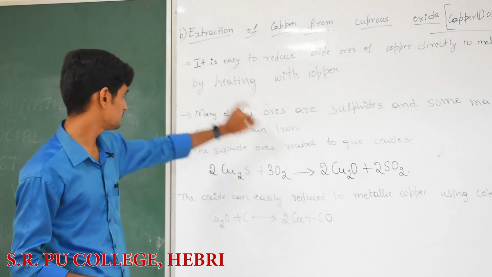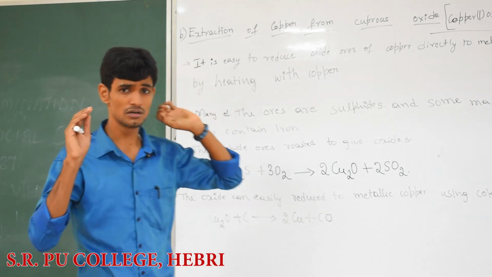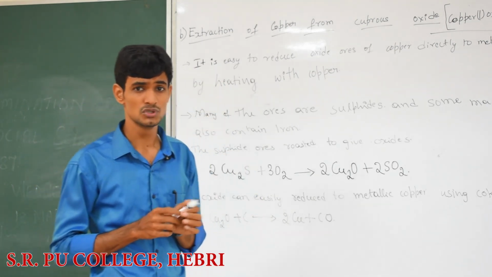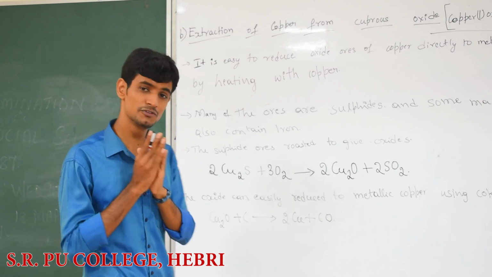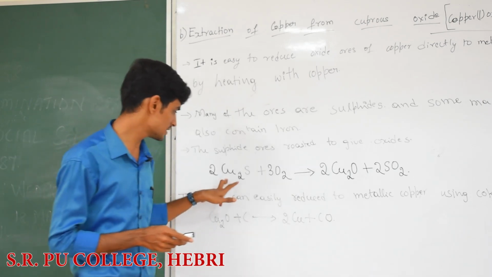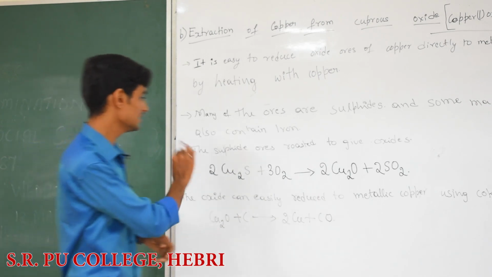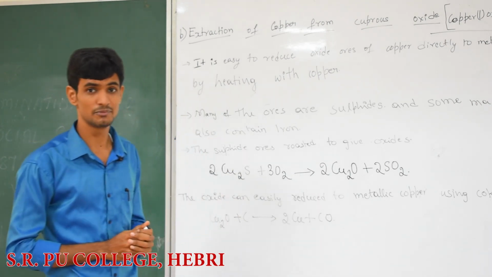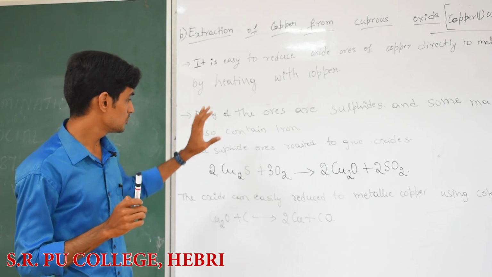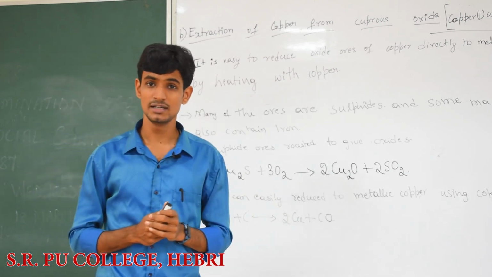Now here you have to see the Ellingham diagram. In the Ellingham diagram, if you see the line of copper oxide, you will get this line at the very top of the diagram. So to reduce this oxide is very easy.